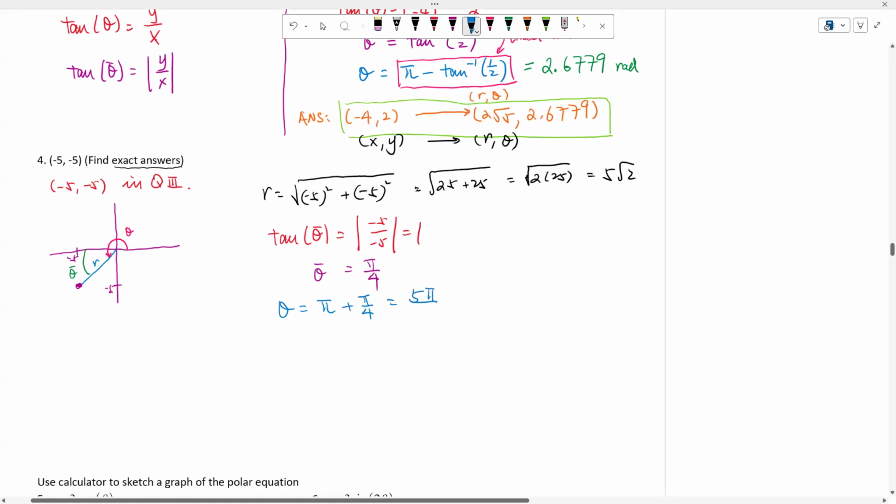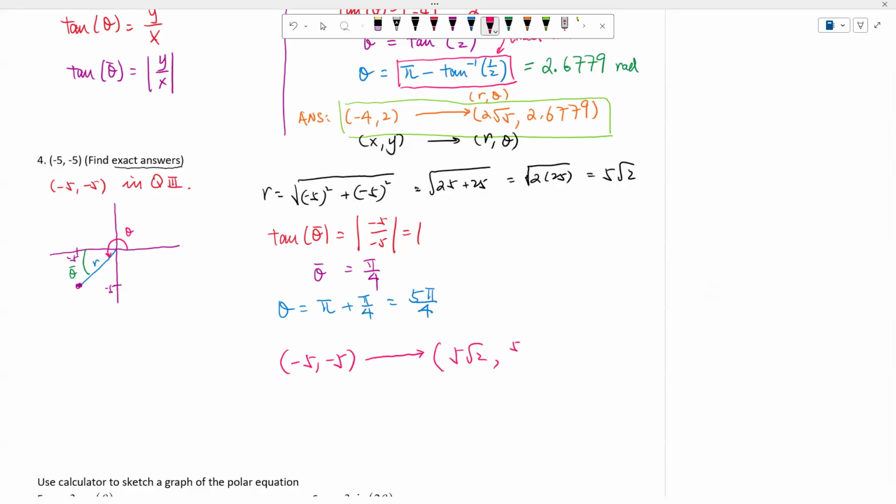So we have 5 pi/4 now. Okay. So again, Cartesians is -5, -5, to polar, which is 5 root 2 and 5 pi/4.